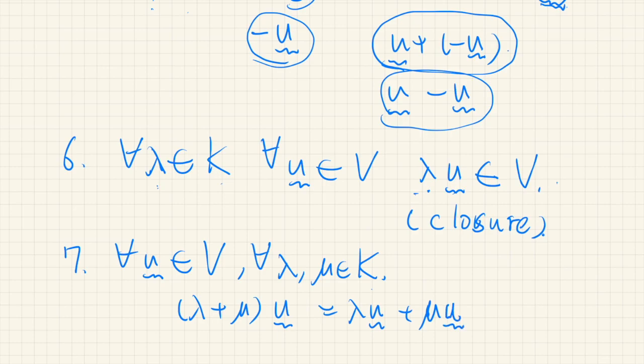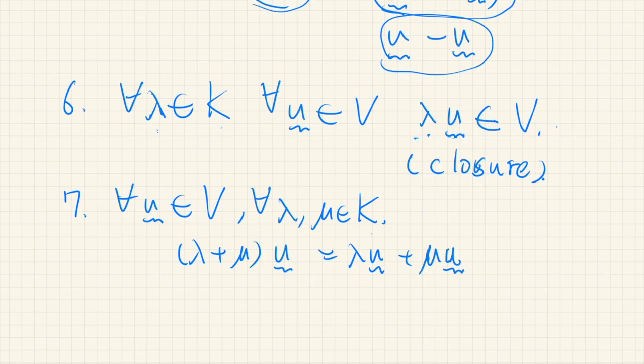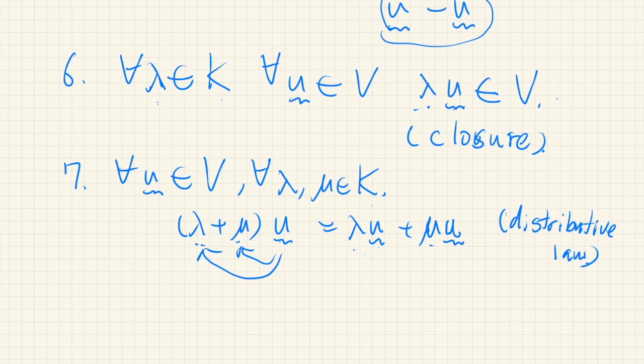So this is a distributive law of scalar multiplication. So this multiplication distributes. Okay, distributive law. So in this case, we first add two scalars and multiply that to a vector, and the result is the sum of two scalar multiplications of vectors.